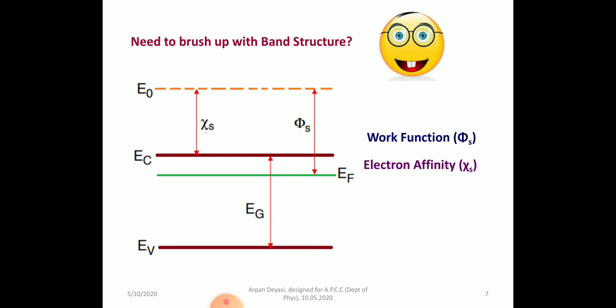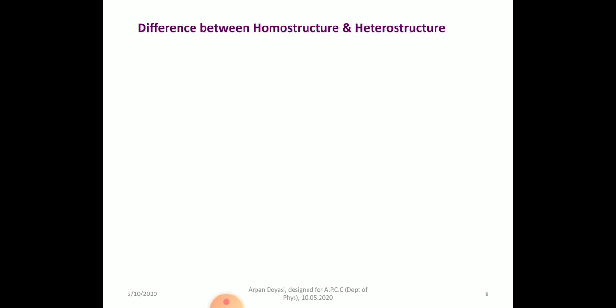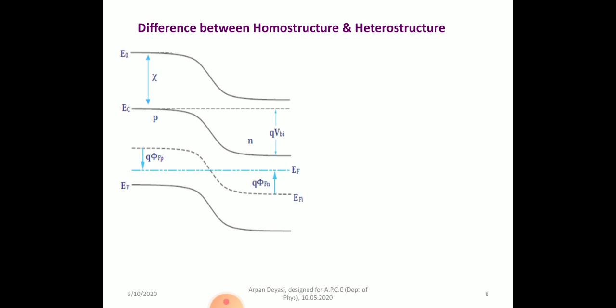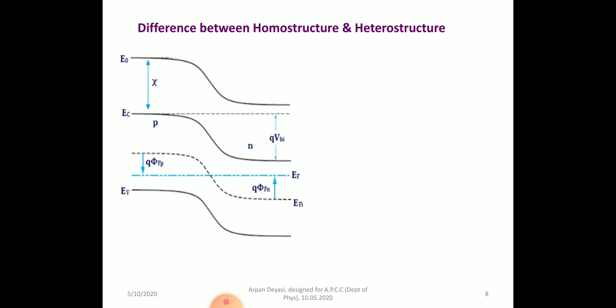Based on that, I will try to differentiate between a homojunction and a heterojunction. So let's go to that. What is a homojunction? A homojunction is a junction where on either side of the junction the material is the same. That means the band gap on either side of the junction remains the same.